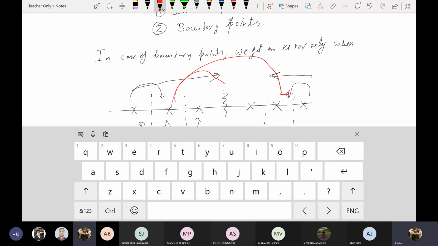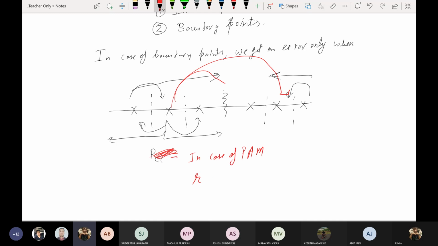But since in case of PAM, R equals, so R is a scalar, SM plus eta, right? All of these are real numbers. Yes, sir.